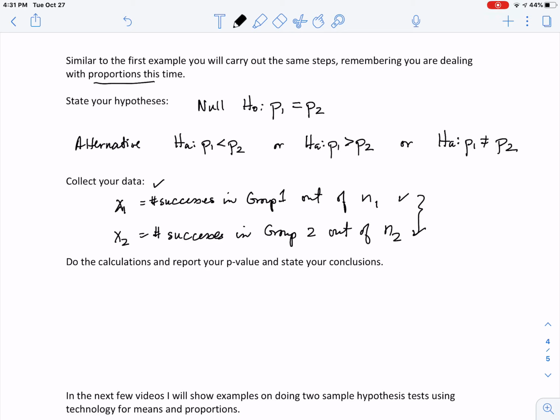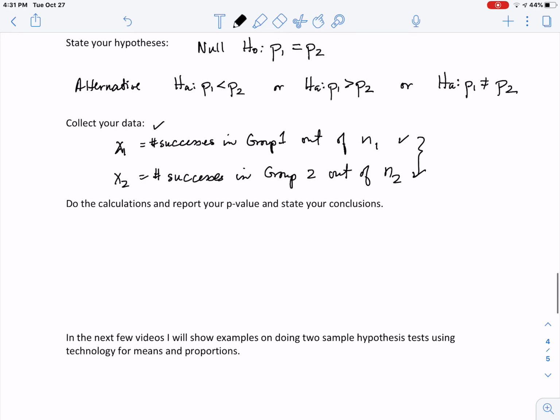Note, in both tests for means and tests for proportions, you do not require that you have exactly the same number in each sample. That is not necessary. But then once you have your data, you're going to come in and do the calculations. You're going to report your p-value and state your conclusions. We have the same one. If your p-value is less than alpha, we have evidence for the alternative.